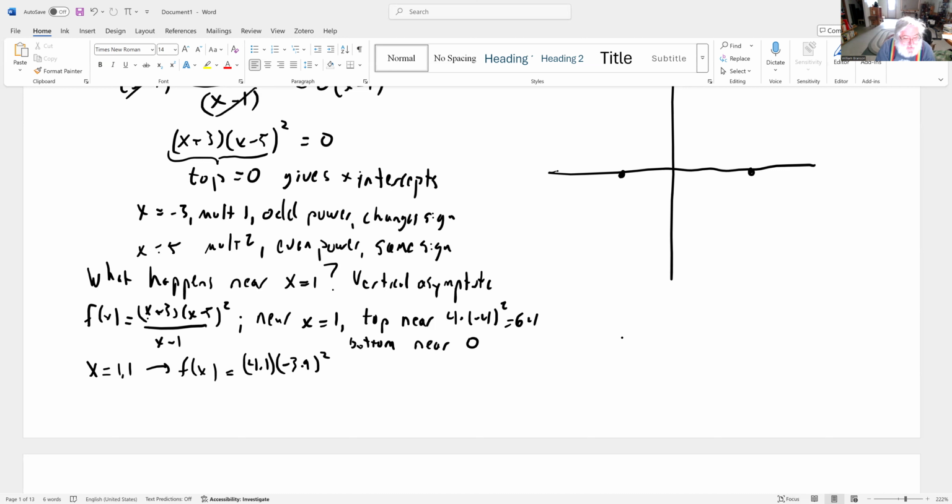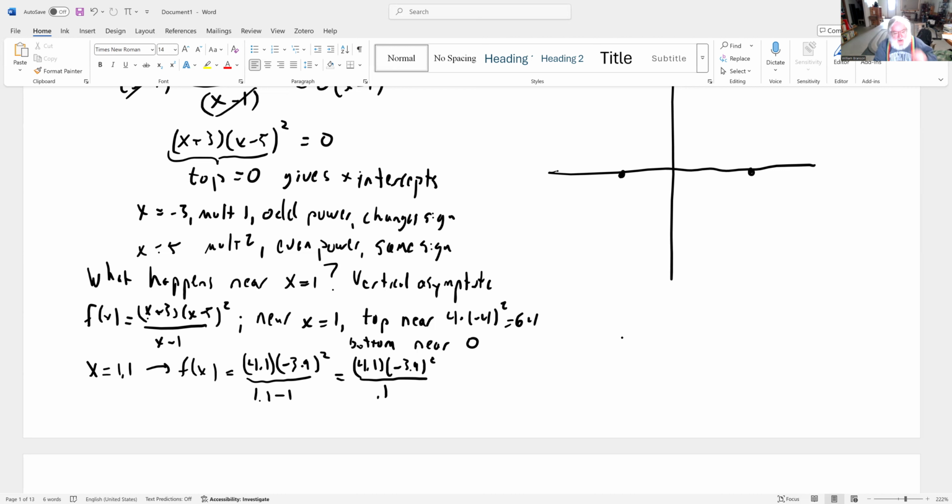And this is going to be pretty close to 64, because this is pretty close to 4, and this is also pretty close to minus 4. But the denominator is going to be 1.1 minus 1.